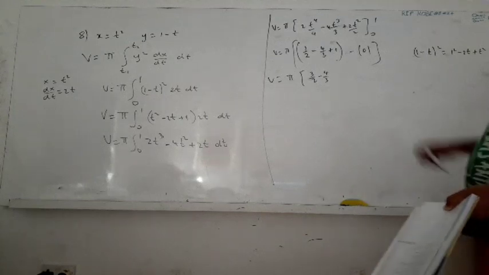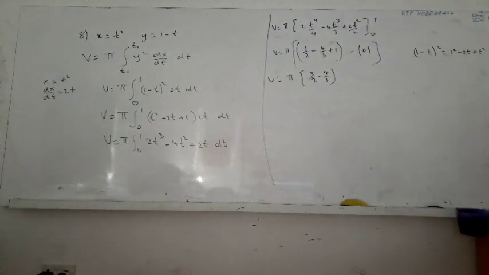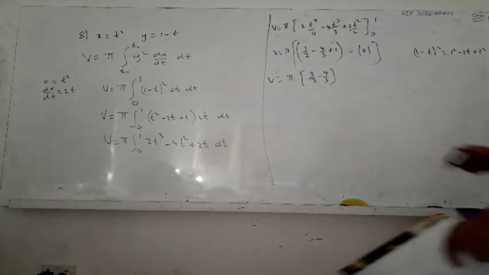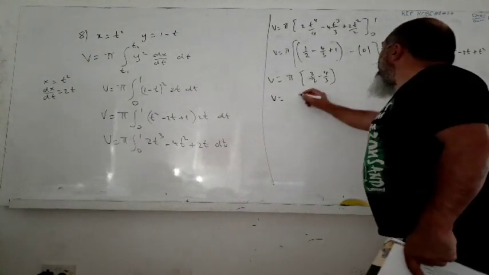Let me check this question once more. So the answer is 3 over 6 pi.